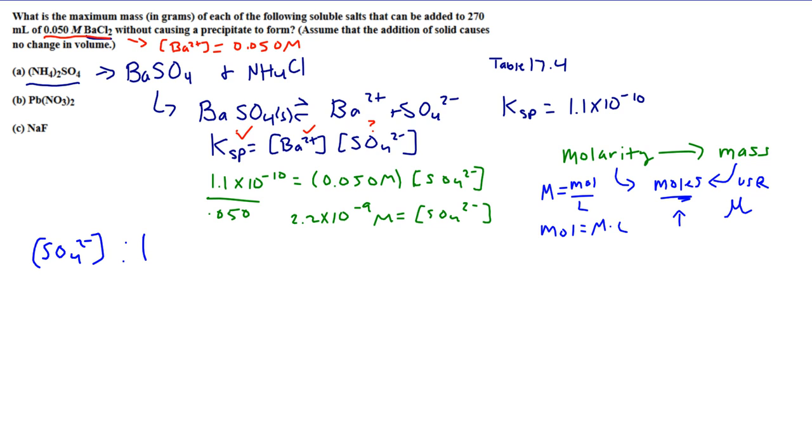We found its molarity to be 2.2 times 10 to the -9 molar, times, now we have 270 milliliters, so that is 0.27 liters. They didn't tell us how many sig figs, and we've only got 2 sig figs in the concentration, so we'll just leave it like that, 0.27 liters.